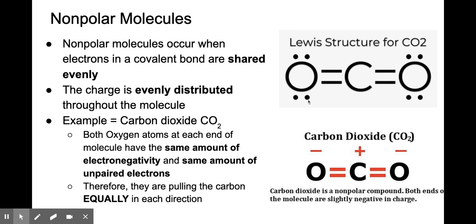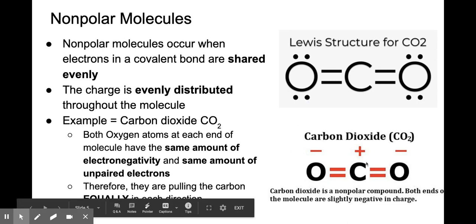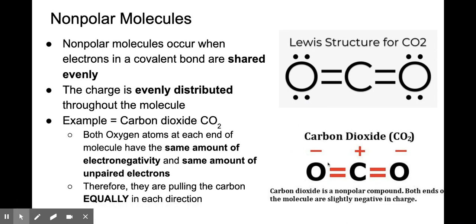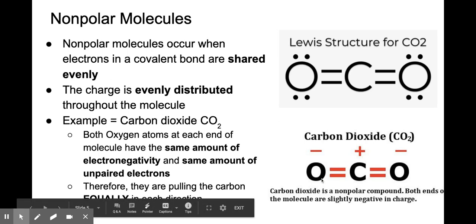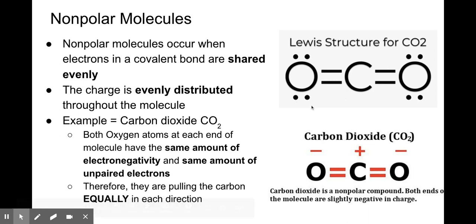CO2, carbon dioxide, is nonpolar. So here's why. Take a look at this diagram here where my cursor is. You see that you have a central carbon and an oxygen on each side. Each oxygen has 2 pairs of free electrons. Because there's one on each side, they both have an equal amount of electronegativity.